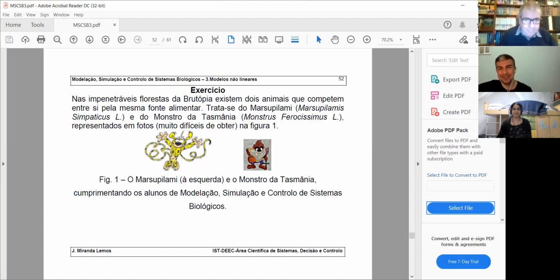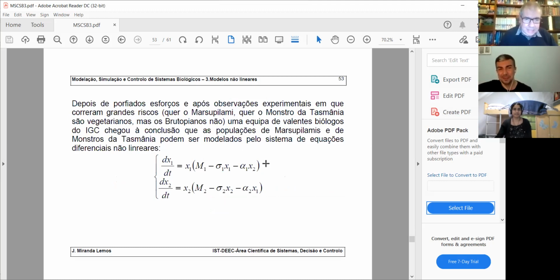And you see Marsupilami. So we have these two animals, and the dynamics of these animals are like this. So X1 is Marsupilami and X2 is the Tasmanian monster.